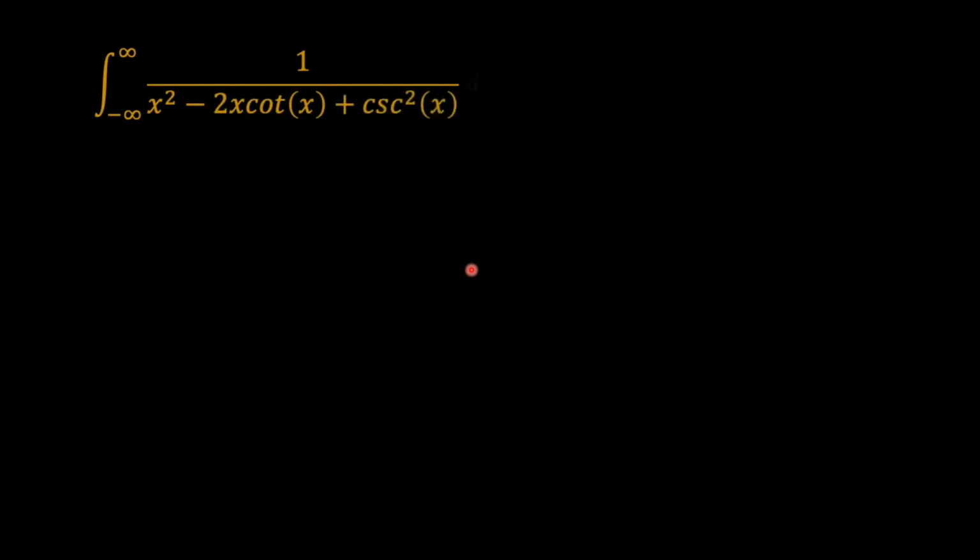The first thing that I would like to do is just find the relationship between cosec and cot. So as you know, this major identity of sine squared a plus cosine squared a being equal to 1. When you divide through by sine squared a, you get 1 plus cos squared a over sine squared a, which is equal to 1 over sine squared a.